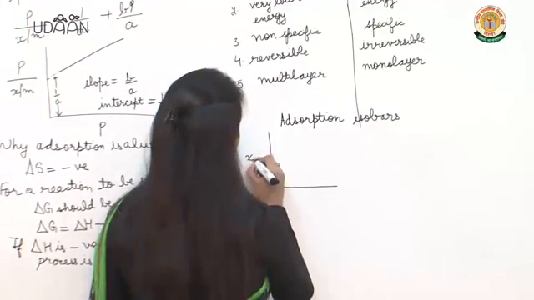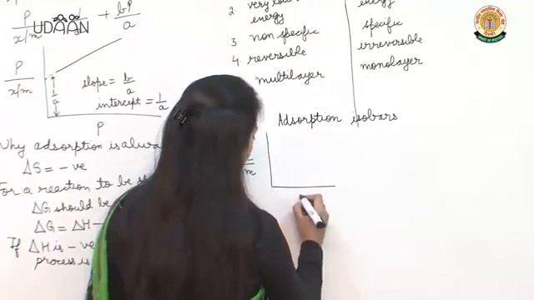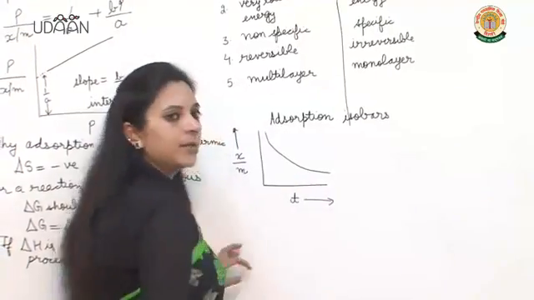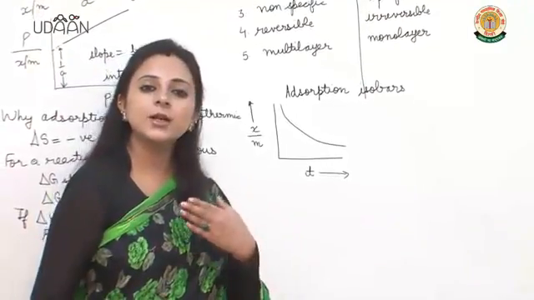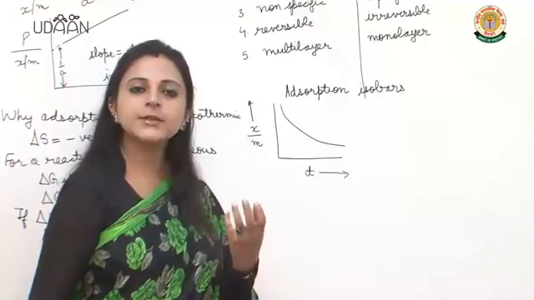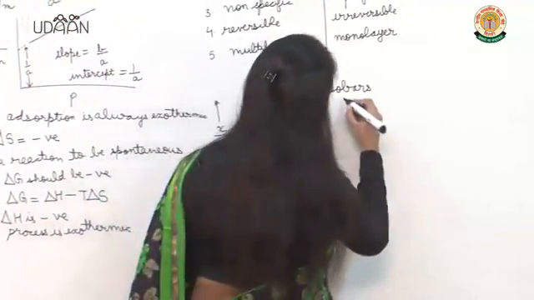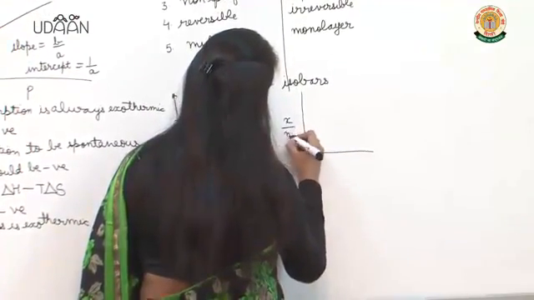So when I plot physical adsorption versus temperature at constant pressure, as the temperature increases, the gases which were adsorbed will start removing themselves from the surface. Now when I talk about chemical adsorption, what is happening?